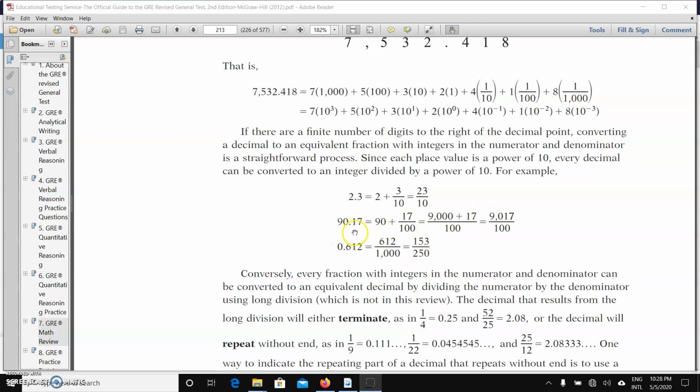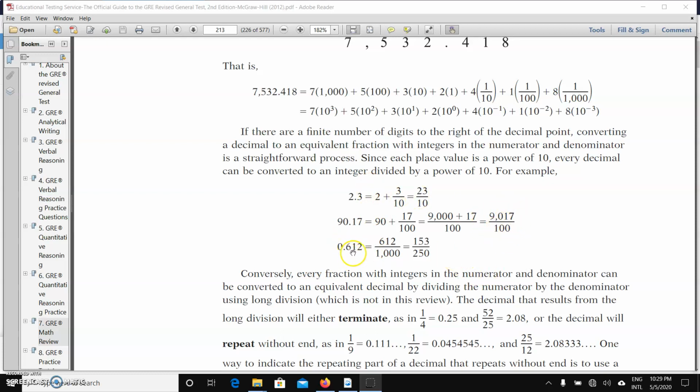Under this decimal just write 1, under 1 is 0, under 7 is 0. It's only the decimal that you write 1 under. Every other number that you see to the right is going to be 0. So if you put 1 here, 0 under 1, 0 under 7, that will be 100. So that will be 9017 over 100, just like I did the first one. That's the answer we have here.